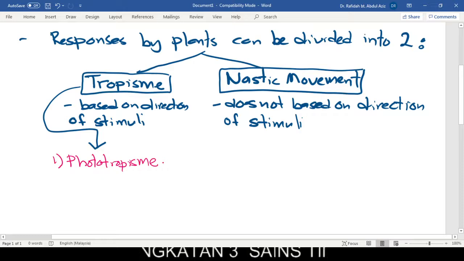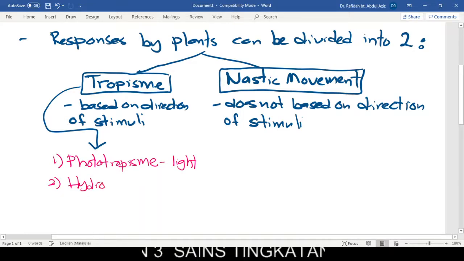This is based on the light stimulation. Number two is hydrotropism. This is based on water.